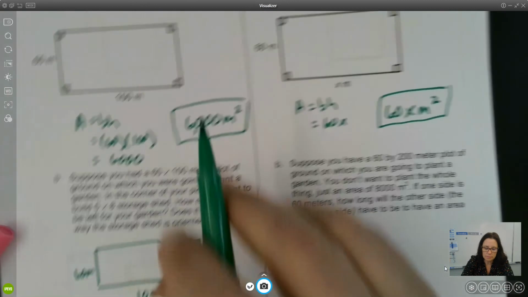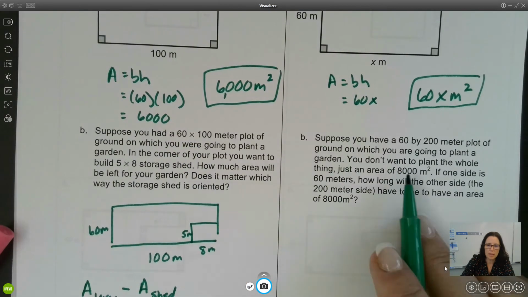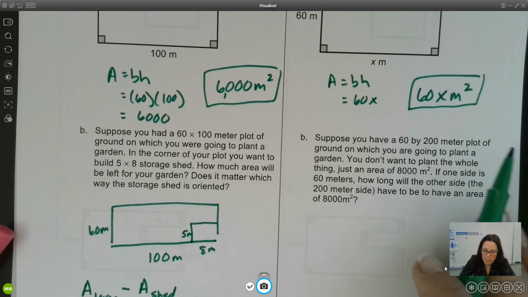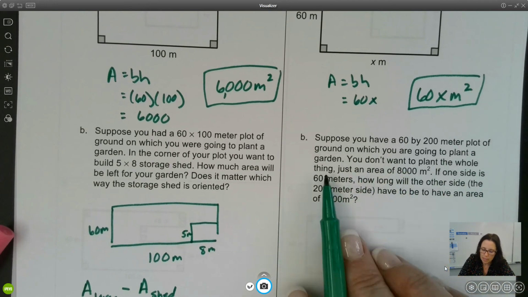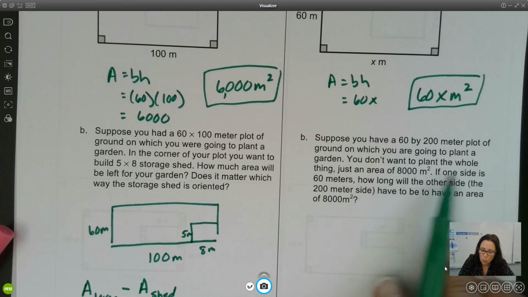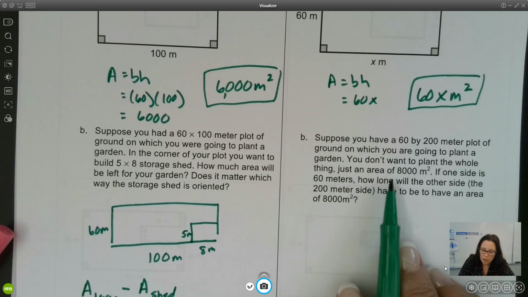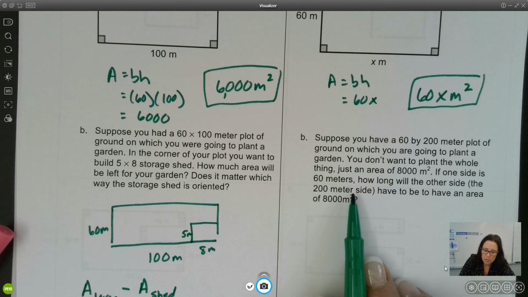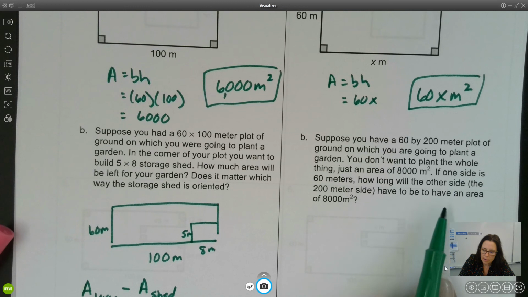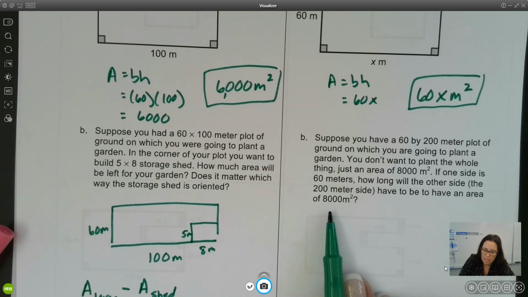Okay. Oh, I'm just realizing I should have went this way because this is both B. Okay. Suppose you have a 60 by 200 meter plot of ground in which you're going to plant a garden. You don't want to plant the whole thing, just an area of 8,000 meters squared. If one side is 60 meters, how long will the other side, the 200 meter side, have to be to have an area of 8,000 meters squared?